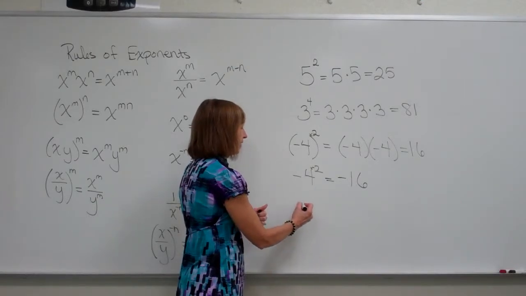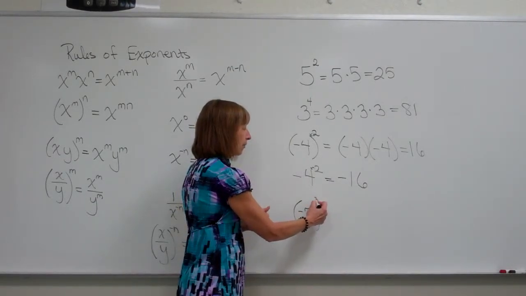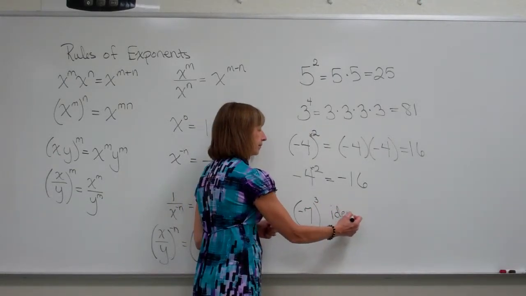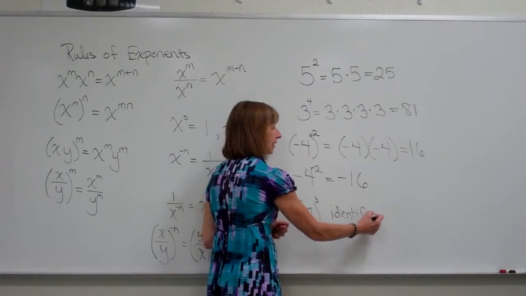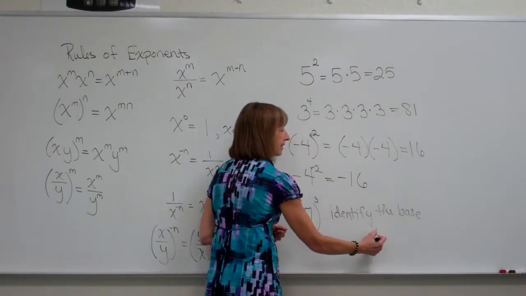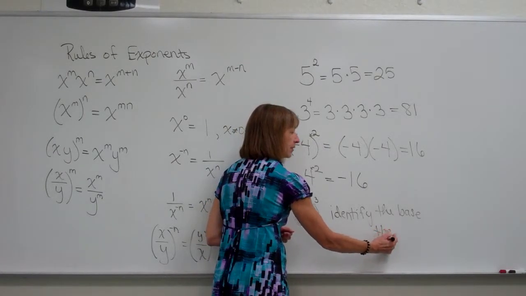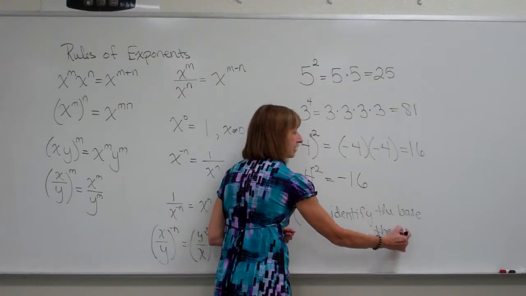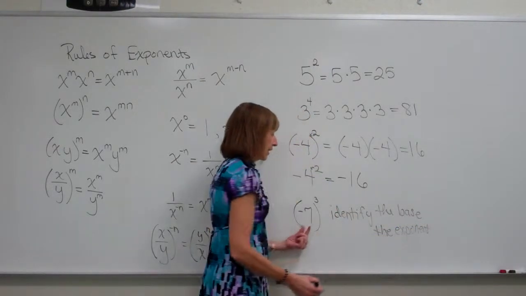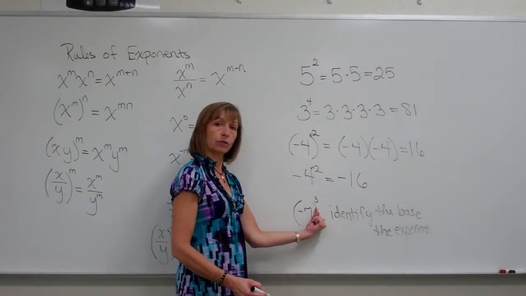So if I have an expression like -7 to the third power, and it just wants me to identify the base and the exponent, and it doesn't say to actually simplify it, then here my exponent of 3 is right on a closed parenthesis.